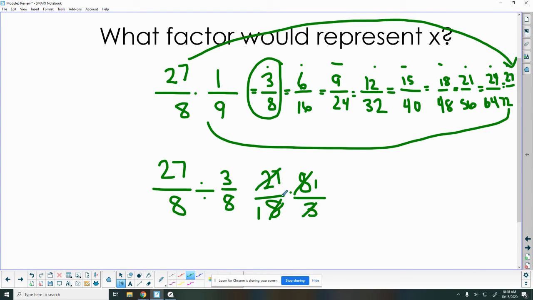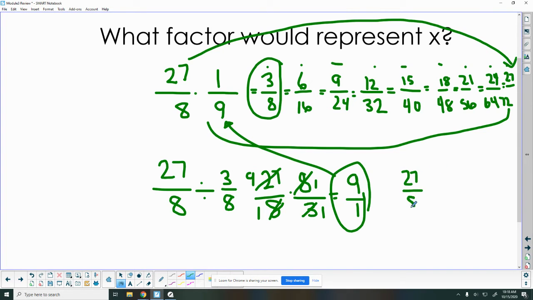And 3 and 27 have a common factor of 3. 3 divided by 3 is 1. And 27 divided by 3 is 9. So 9 over 1, but I need the opposite, which is 1/9. So I would plug this back in and double check myself.